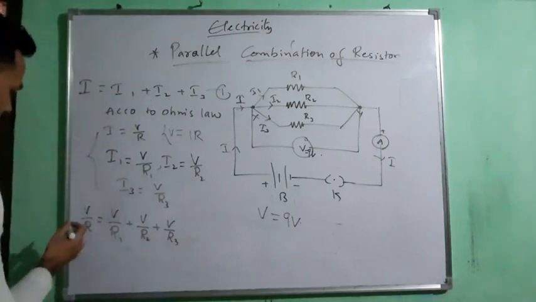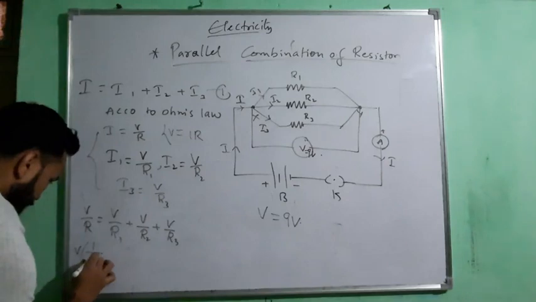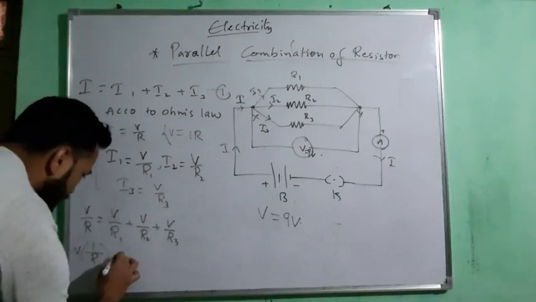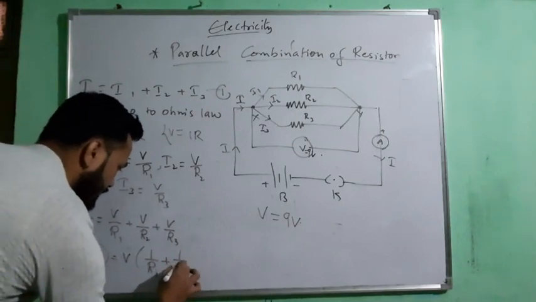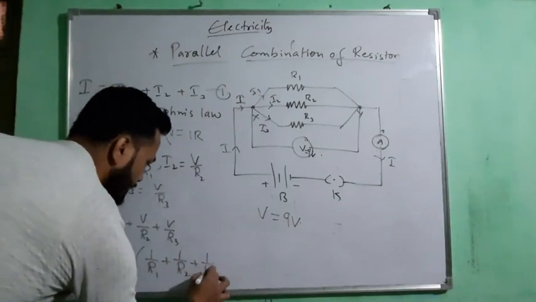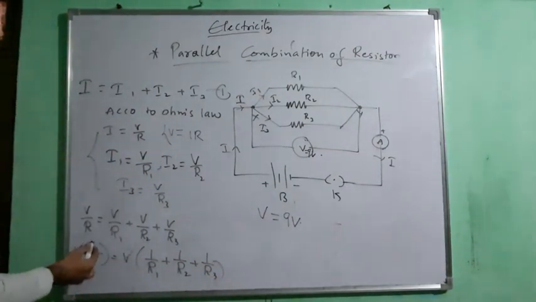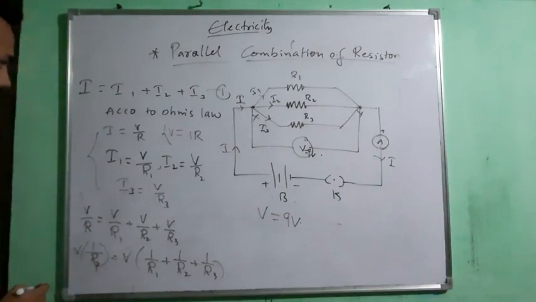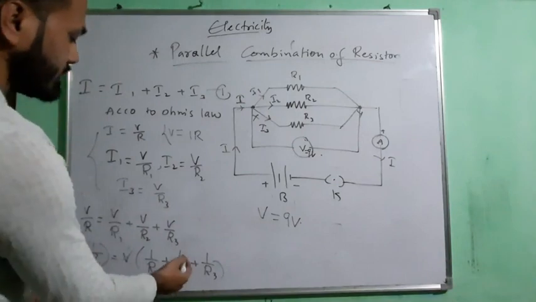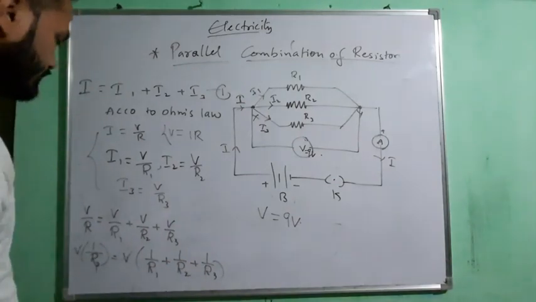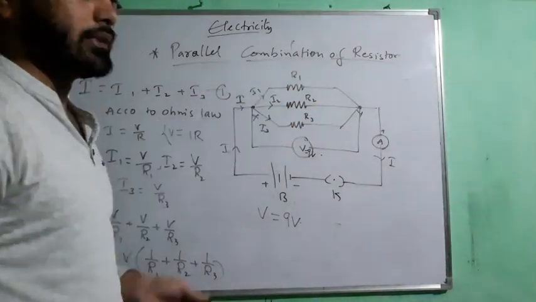Now take out the common factor, V. So we can write 1 by R is equal to 1 by R1 plus 1 by R2 plus 1 by R3, since V gets cancelled. What remains is 1 by Rp, as we write because they are in parallel: 1 by Rp is equal to 1 by R1 plus 1 by R2 plus 1 by R3. This is the formula to be used to find the resistance of this combination.